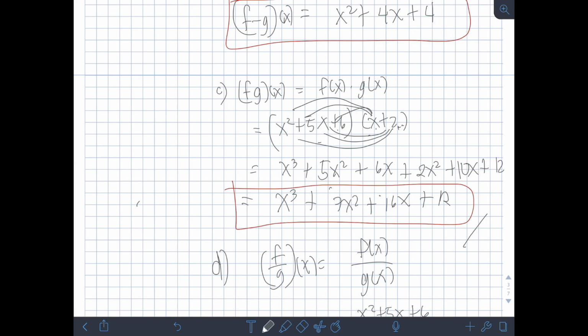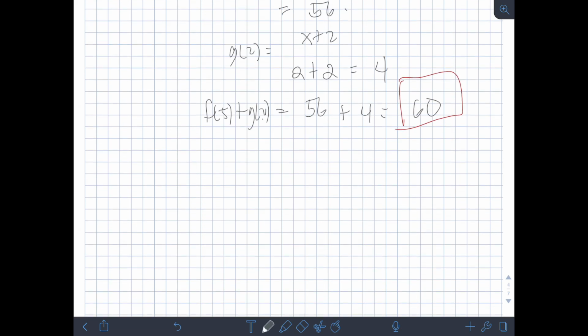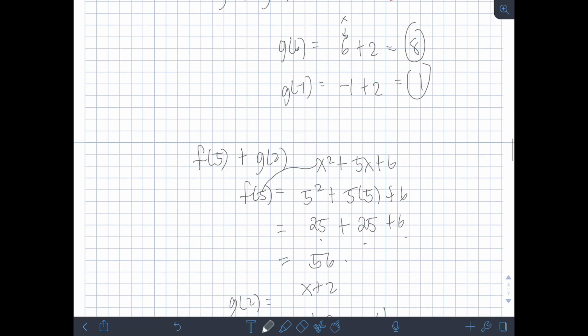So, therefore, pwede na nating i-substitute dito yung 2 dun sa bawat x. So, sulat ko lang dito. So, yung f times g of x natin is equal yun saan? Dun nga sa x cubed plus 7x squared plus 16x plus 12. Then, pinapahanap ay f times g of 2.